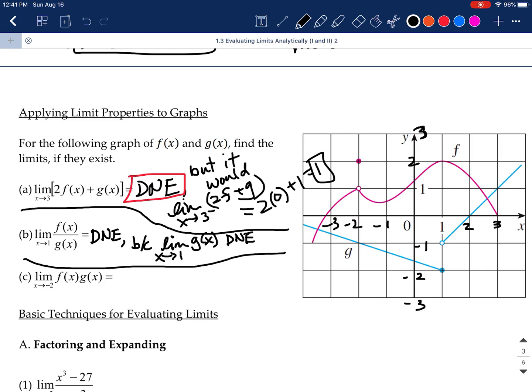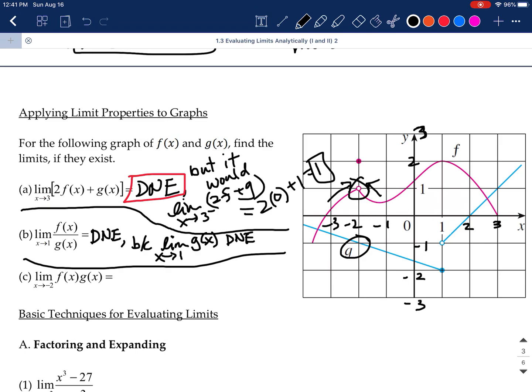Okay, and then we'll look at -2. At -2, we want to know what f times g is. So let's look. g is approaching -1, and f has a hole there. Do we have to worry about a hole for the limit? No. Because from the left and the right, we're approaching the same value, which in this case is 1.